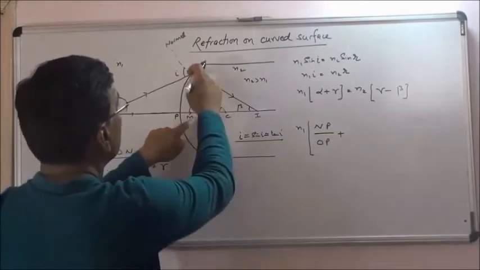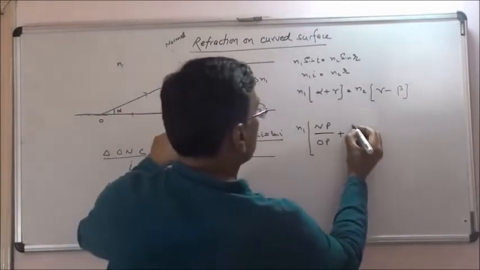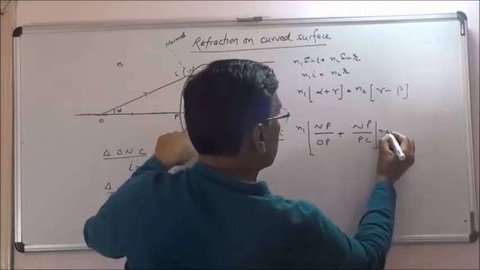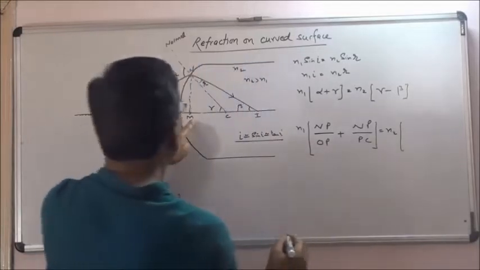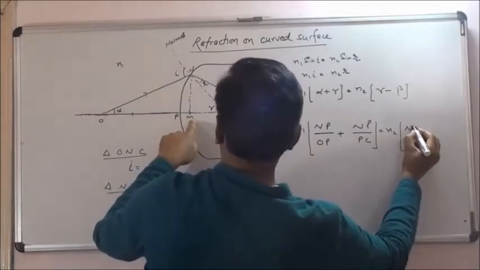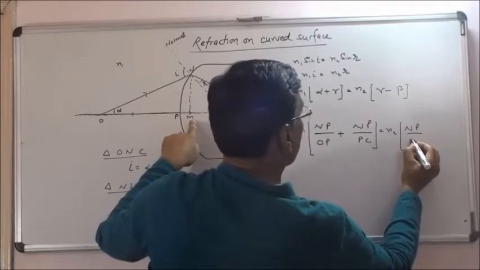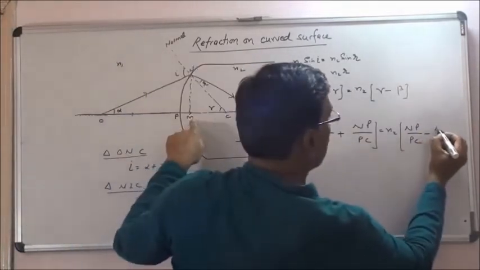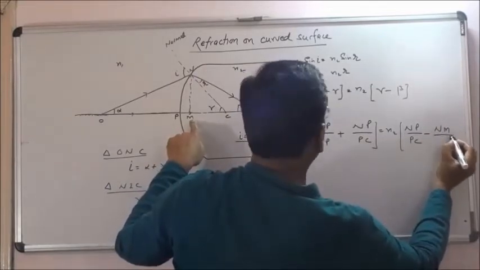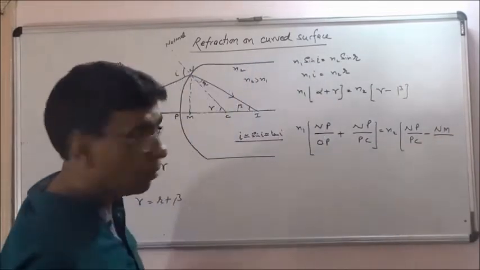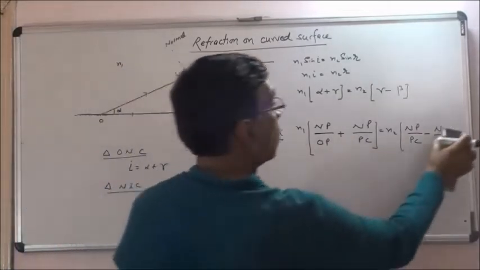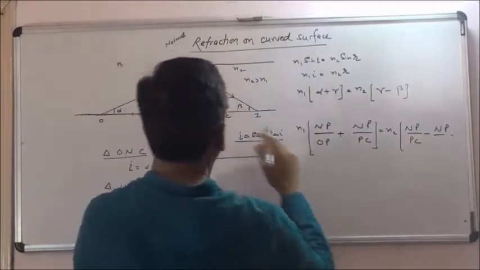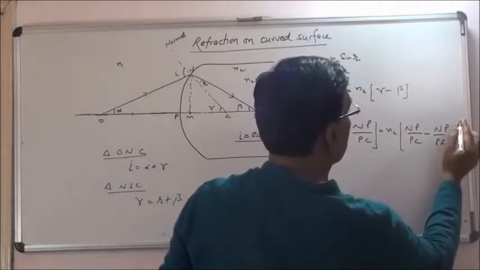Gamma is this by this, so NP upon PC. N2 times gamma is, again, NP upon PC minus beta, which is NM upon MI, and M is P, so upon PI.